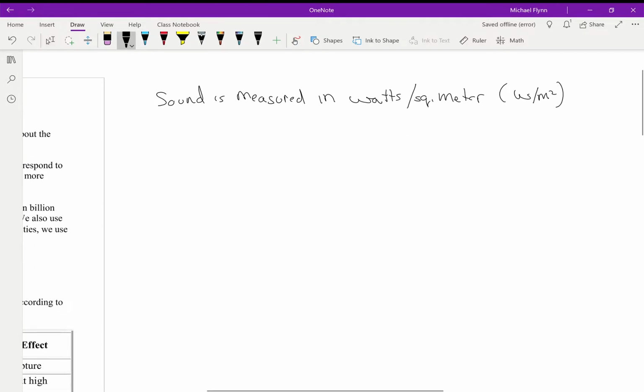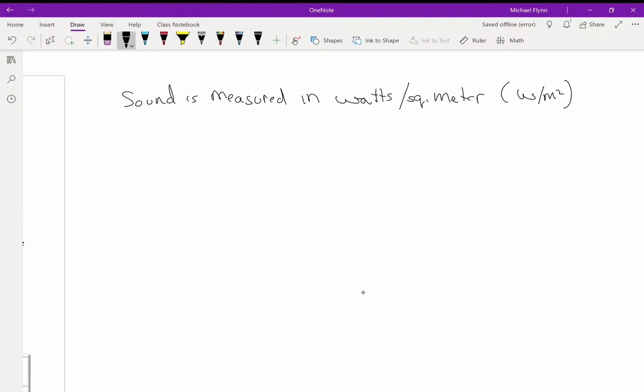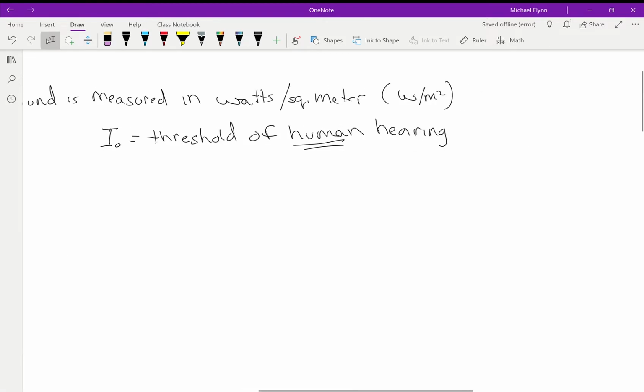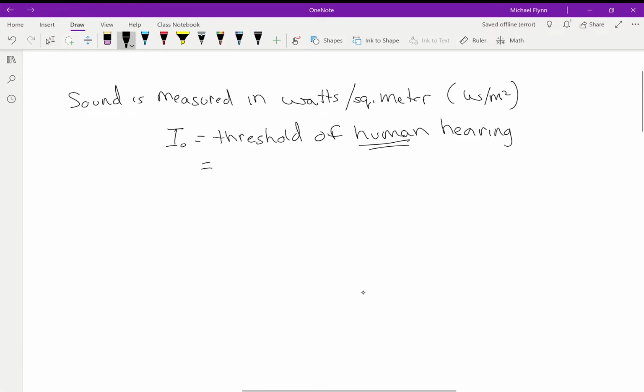The quietest sound that you can hear, we call this the threshold of human hearing. I'm going to underline this, human hearing. There are animals that can hear quieter sounds than us, but the threshold of human hearing is 10 to the negative 12 watts per square meter.